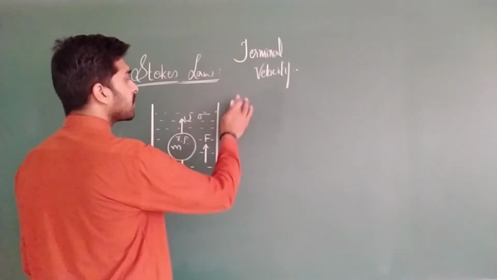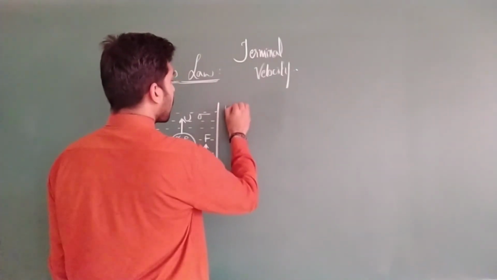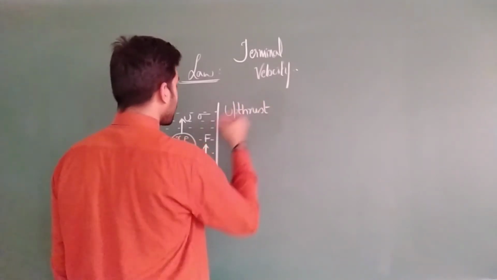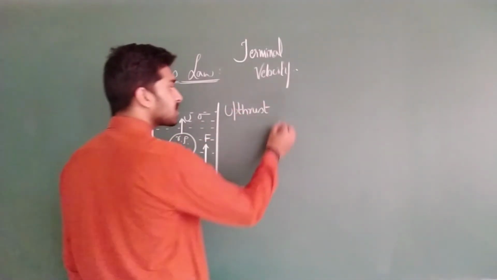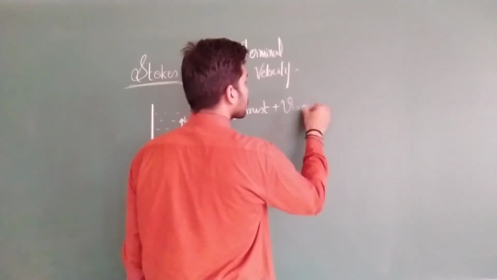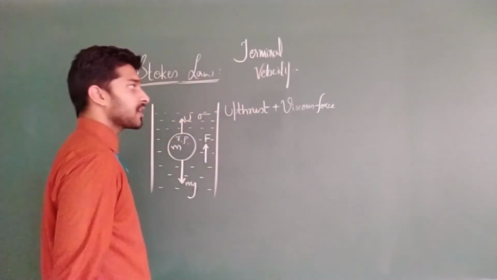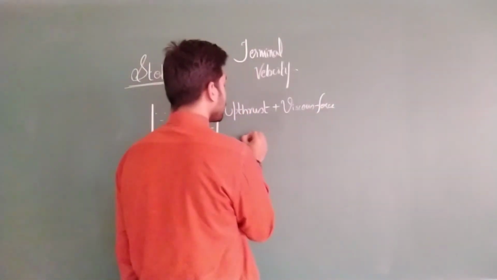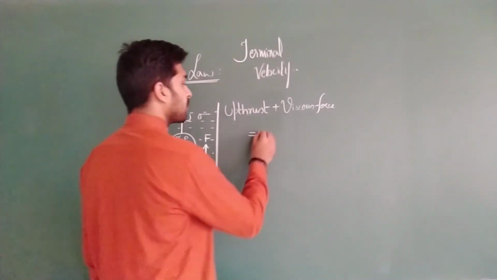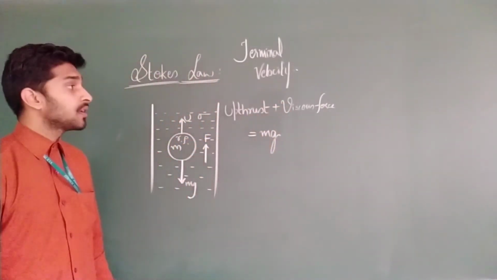That means this complete body is moving with a constant velocity. This body has come to an equilibrium position, where the upthrust acting in the upward direction, plus the viscous force acting in the upward direction, should be equal to the weight of the body acting in the downward direction, that is mg. Clear?